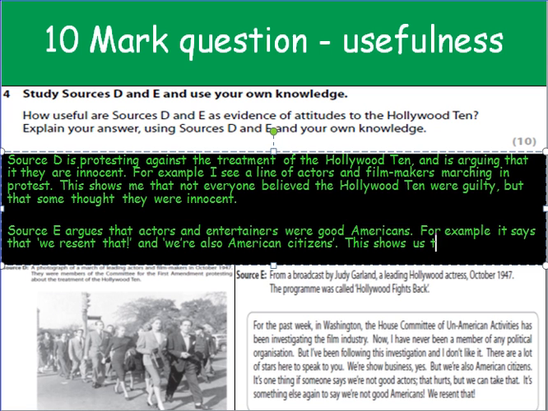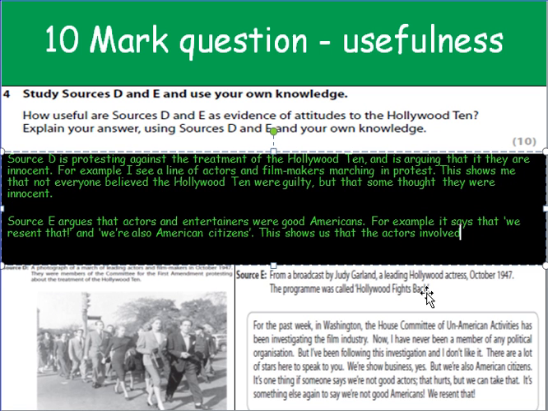This shows us that the actors involved, it says she is a leading Hollywood actress, believed that they were innocent and unfairly targeted. Okay, remember, you've read the background information, you know this about the Red Scare, so even if you don't quite know what the Hollywood 10 is, you can maybe put together the fact that maybe these people are being targeted.